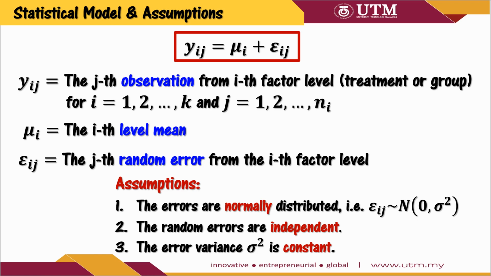At this stage, the model parameters that need to be estimated are the k level means mu i for all i from 1 to k. If you have 3 levels or 3 groups, like in the alcohol example, then 3 level means mu1, mu2, and mu3 need to be estimated. Another unknown model parameter to be estimated is the unknown error variance sigma squared.